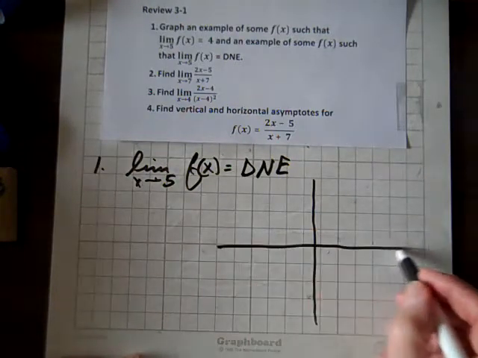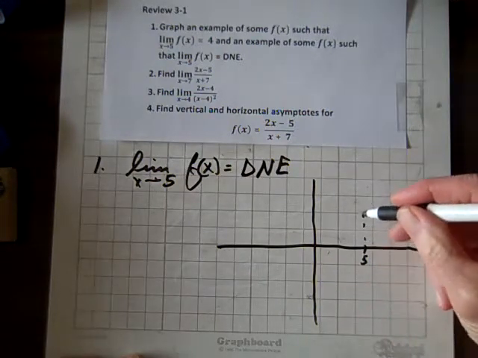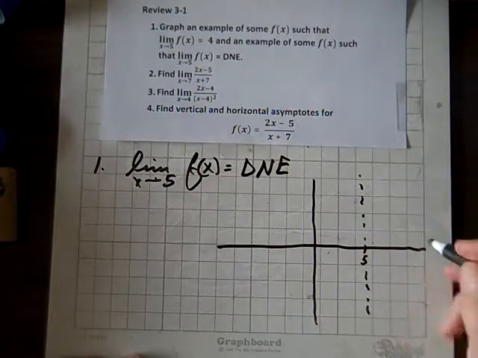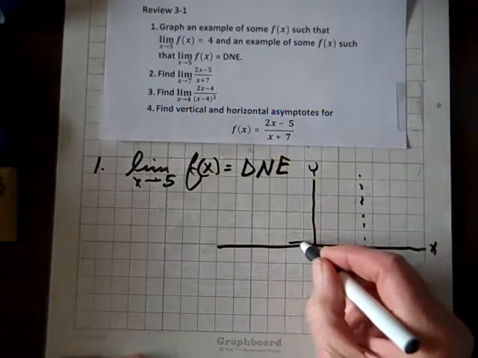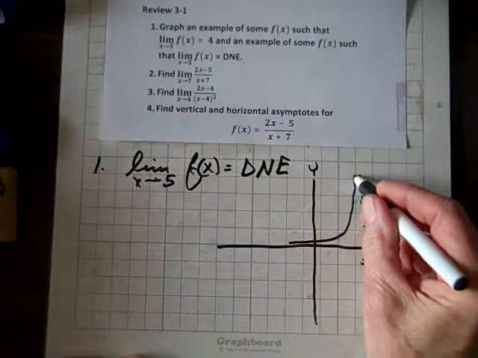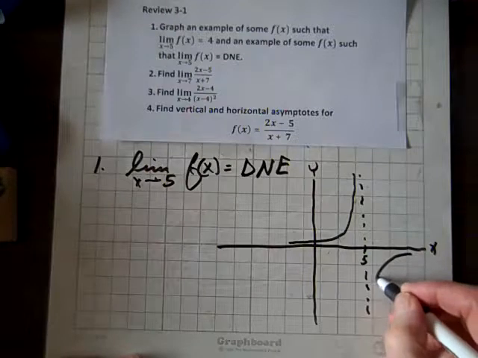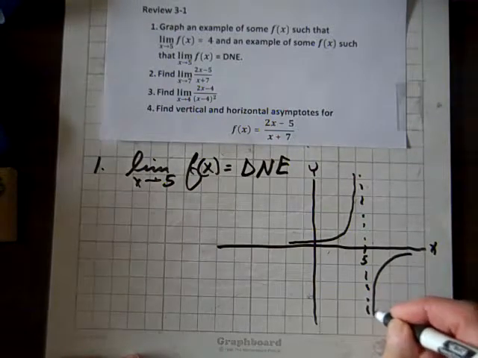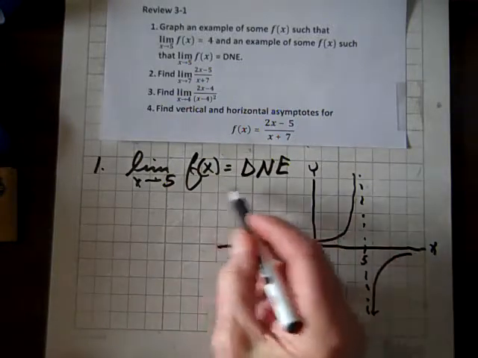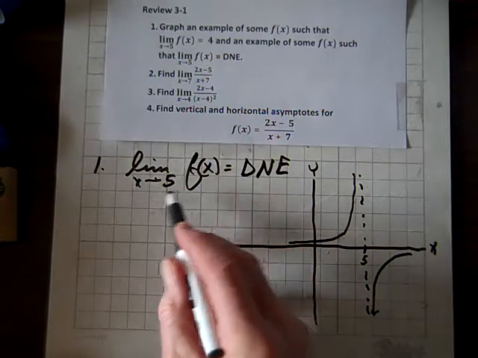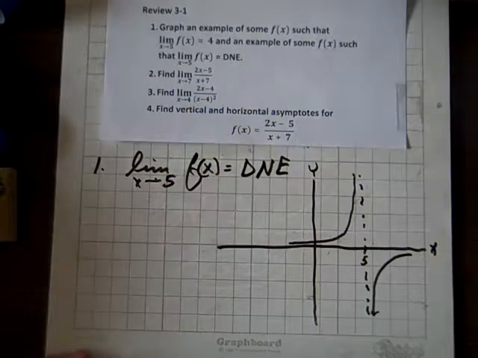So I'm going to graph it such that at x equals 5 we've got a vertical asymptote, and as x approaches 5 from below, f of x tends to go to infinity, and as x approaches 5 from above, f of x tends to go to negative infinity. So there we have it. There's a graph, and it meets this criteria. The limit as x goes to 5 of f of x does not exist.